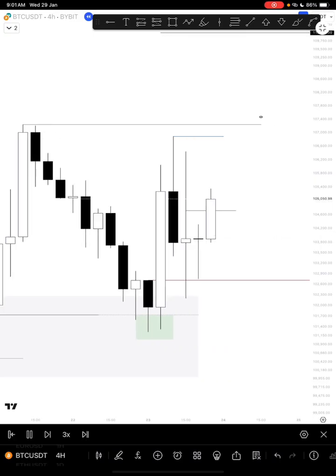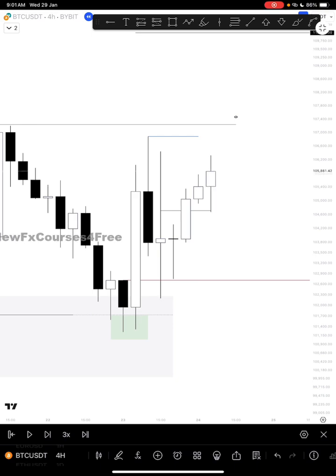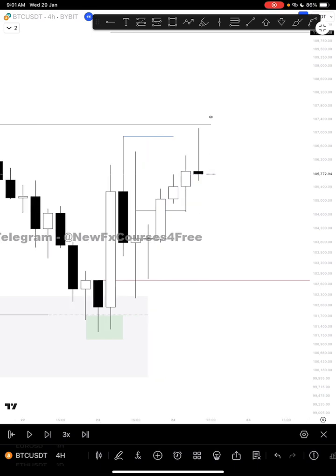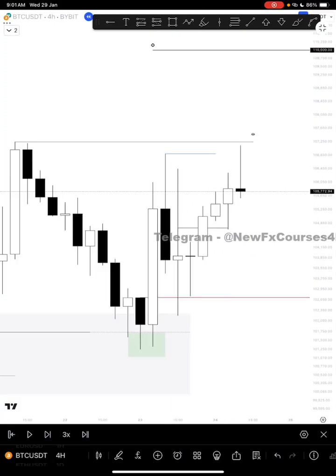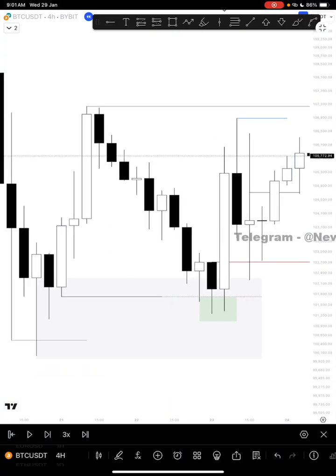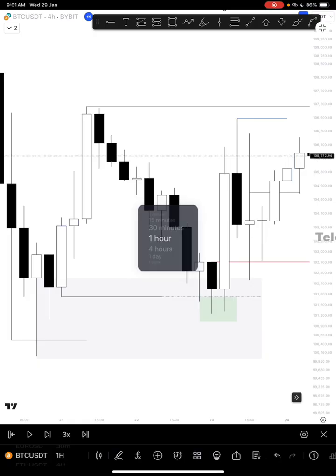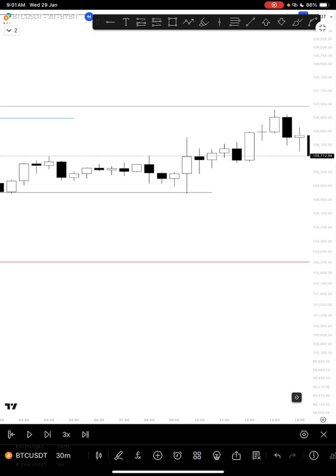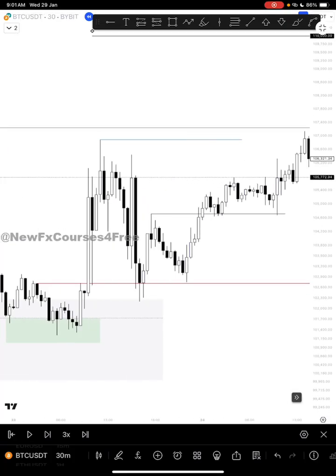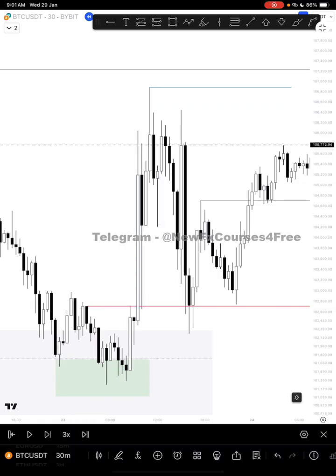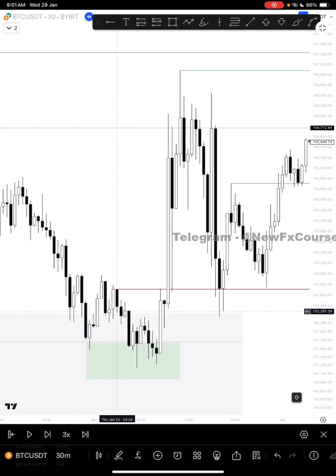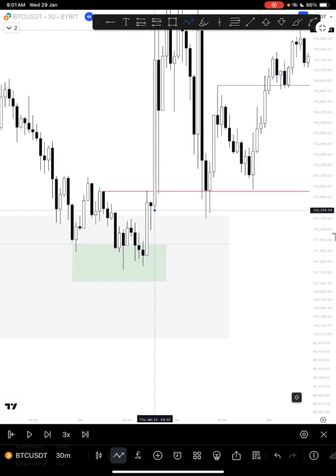So the market went higher and higher and higher. So stopping here, going down to the lower time frame. Remember that same 4 hour order block, right? It's actually our lower time frame breaker block. You remember the structure for breaker block?